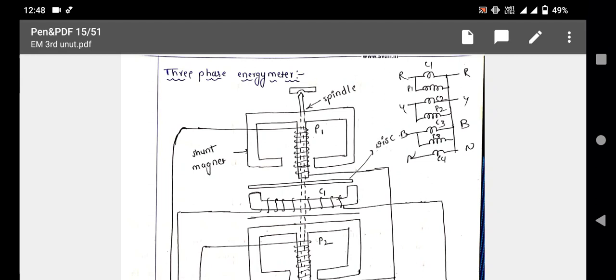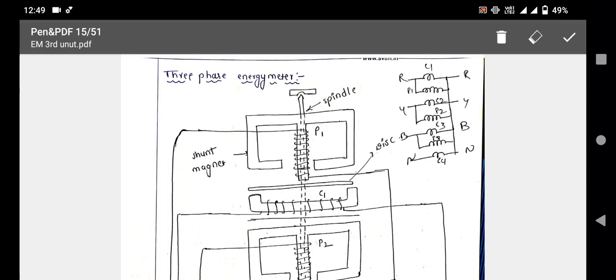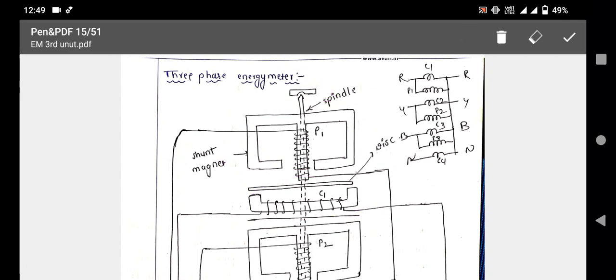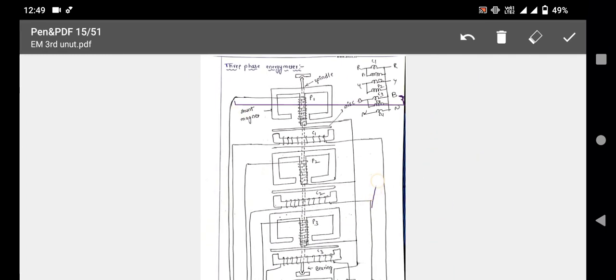Coming to the 2 element energy meter, 3 phase energy meter, 3 element energy meter. One element means one shunt magnet and one series magnet, which come under one element. A 3 element energy meter consists of 3 elements, 3 shunt magnets and 3 series magnets.